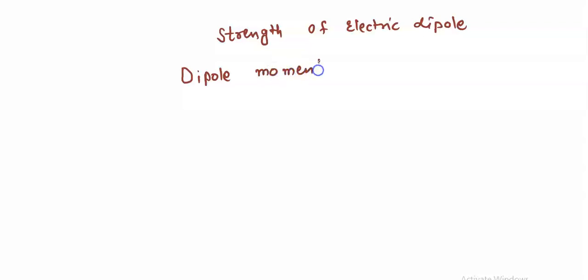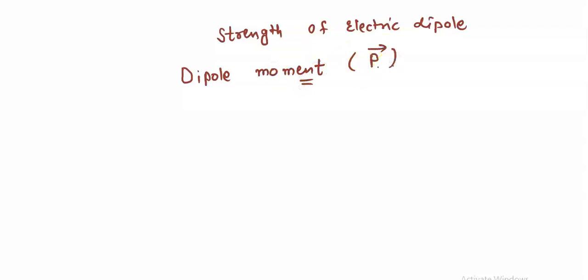The strength of an electric dipole is given by a quantity called dipole moment, and it is denoted by P vector.